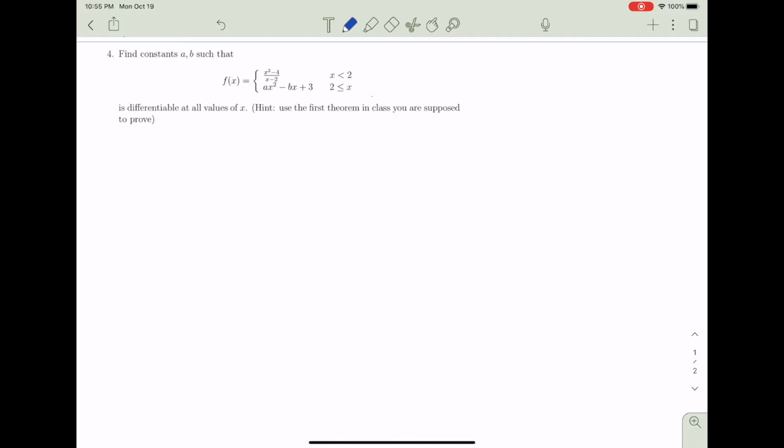Firstly, we know that this function is composed of a rational function and a polynomial.